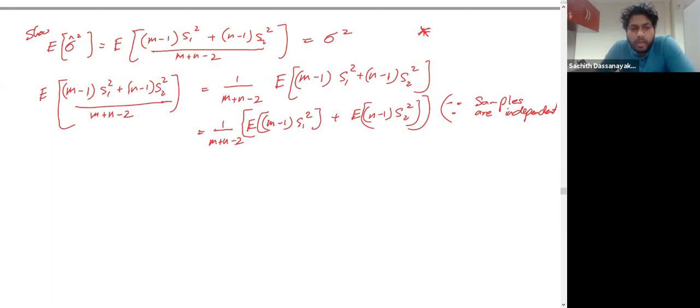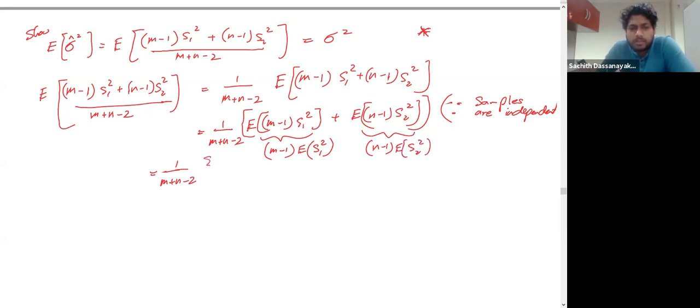Now again you can simplify: m minus 1 is just a scalar, so it comes out of the expected value of S1 squared. Here as well, n minus 1 times the expected value of S2 squared.